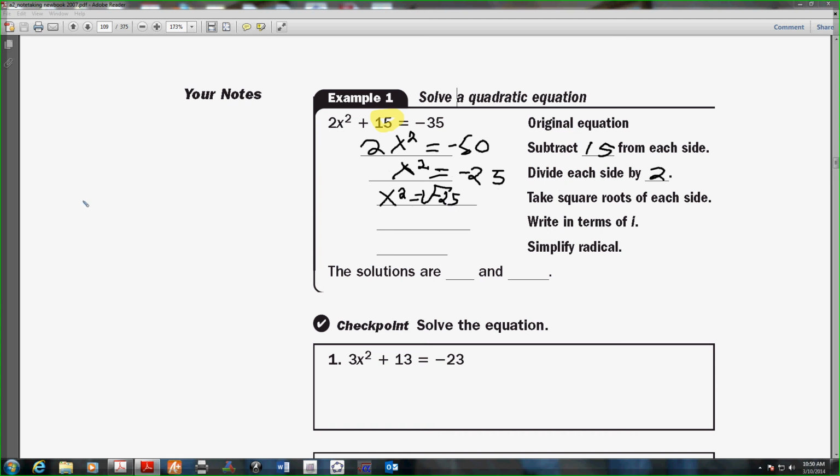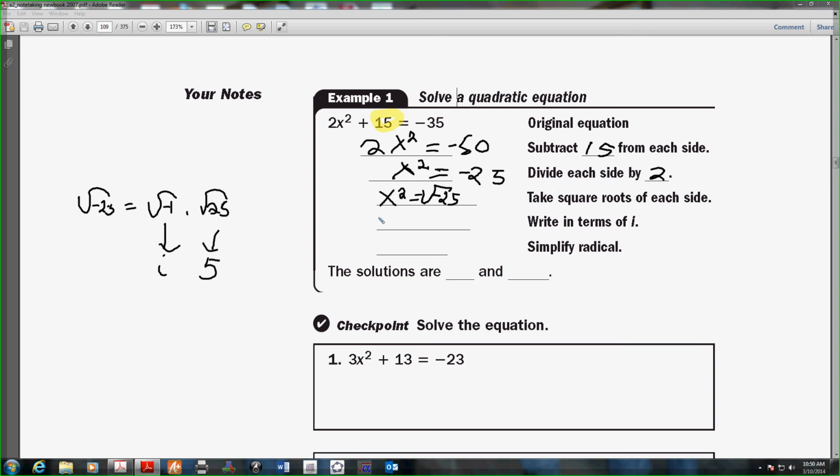Now, since we already saw in 4.5 properties of square roots, we know that the square root of negative 25 is the same as the square root of negative 1 times the square root of 25. I know that the square root of negative 1 is i, and I know that the square root of 25 is 5.